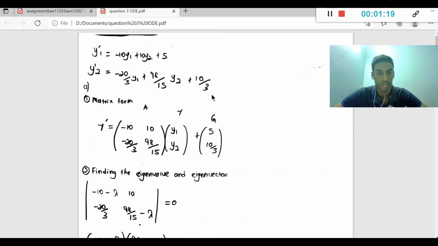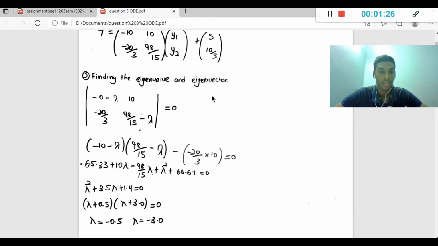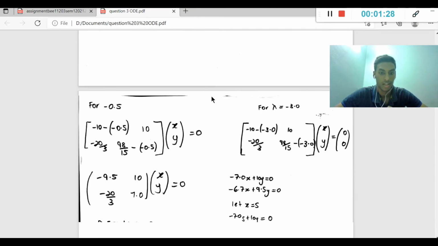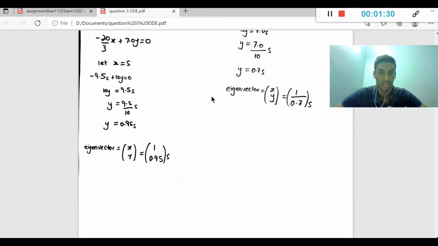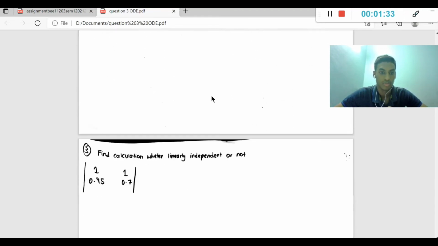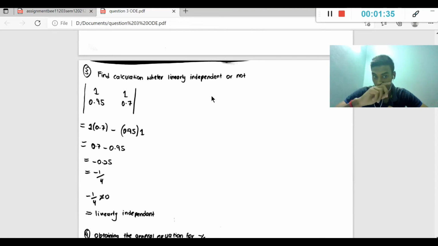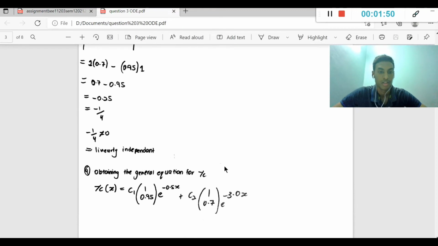After converting into the matrix form, we have to find the eigenvalue and eigenvector, and then after getting the value of the eigenvector and eigenvalue, the third step would be to find whether this equation is linearly independent or not. Based on my calculation, this is a linearly independent equation.